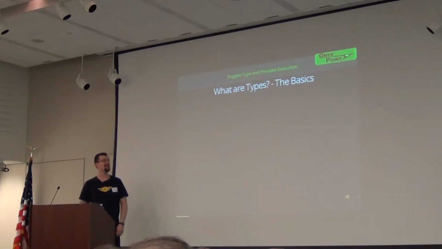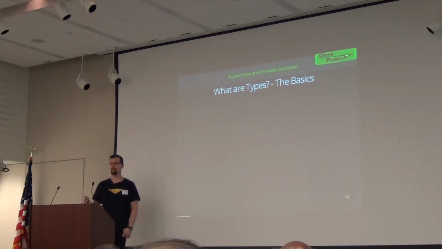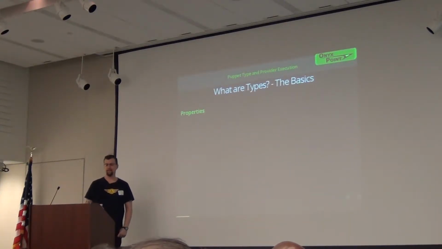So what are types? The basics of types. For those of you that don't know, types and providers are the fundamental building blocks of your system resources. You can correct me if I misspeak. As Kara said, I put this together about two days ago, so we'll get there.